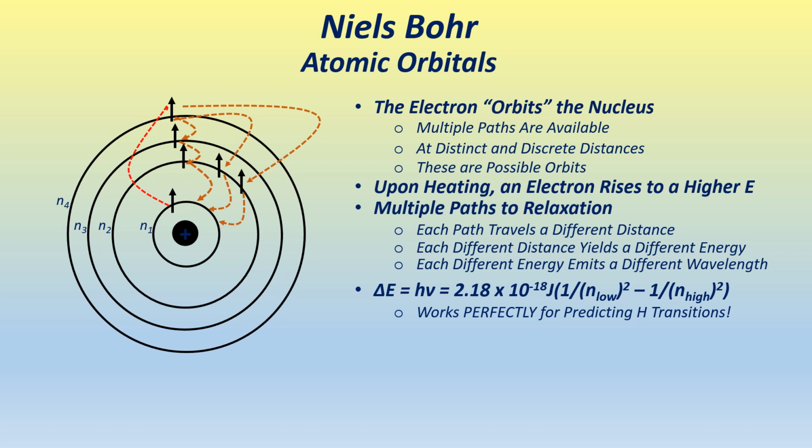This model worked perfectly for predicting every single transition in hydrogen, even several that Bohr was not able to observe. However, it turns out that this model only works for hydrogen and gets progressively worse as the elements get larger.